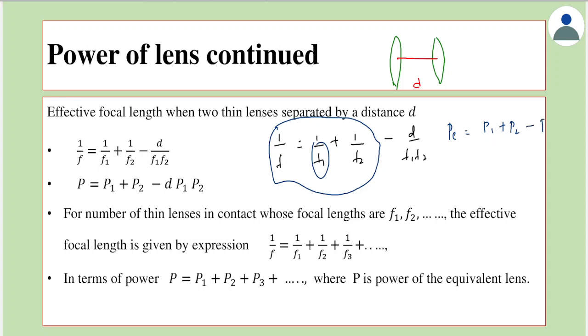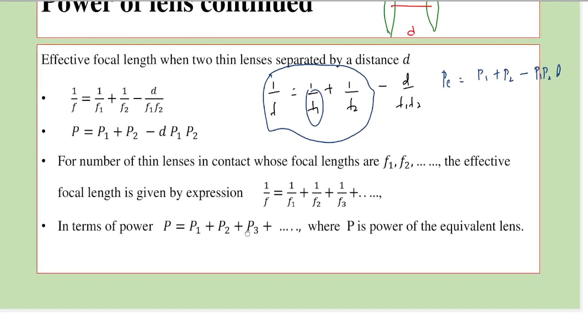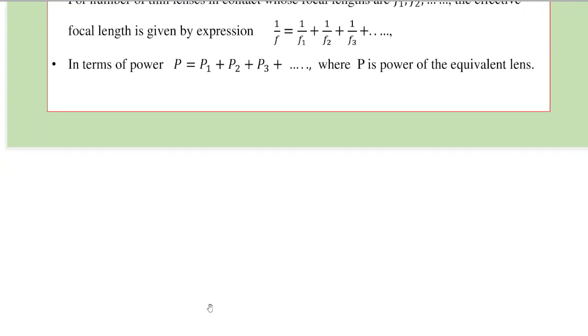Now think of a case where we have many lenses touching each other. In that case, the sum of reciprocals of each focal length gives the effective focal length. In terms of power, P is equal to P1 plus P2 etc. Keep in mind that power adds up.